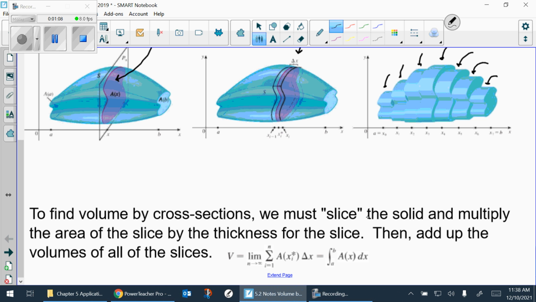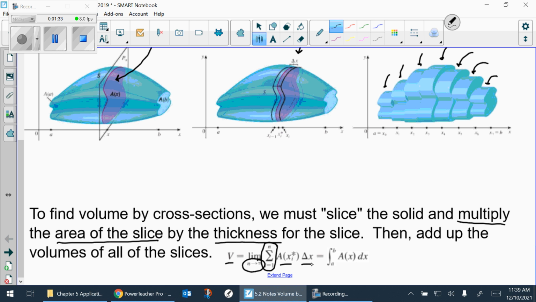So we are going to multiply the area of the slice by the thickness, and that gives us the volume of each one. And if we add together an infinite number of them, the areas times the thicknesses, we'll get the volume.